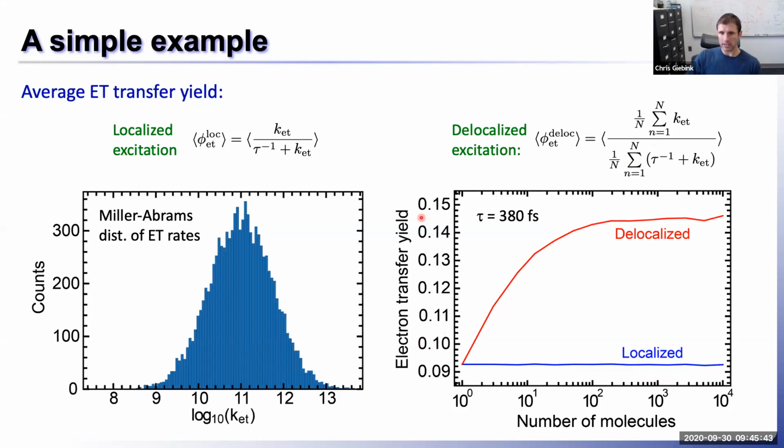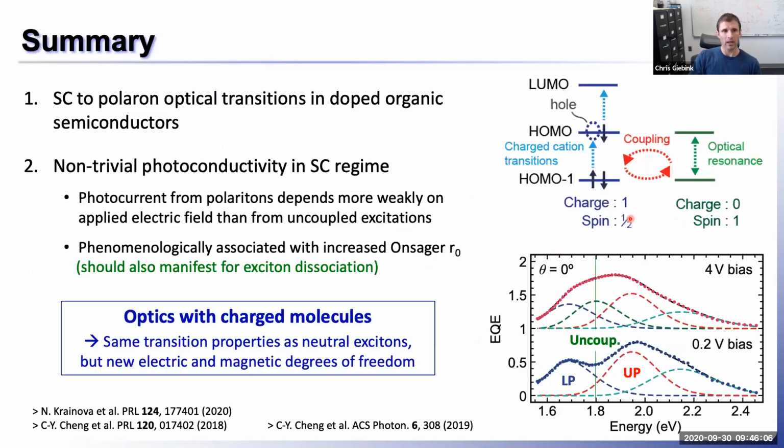And we look at the electron transfer yield as a function of the number of molecules over which we're delocalizing. You can see that we do predict an increase in the electron transfer yield. So potentially an increase in the electron transfer yield allows us to start off with a larger thermalization length. And as a result, that gives us the difference in the field dependence of the photocurrent.